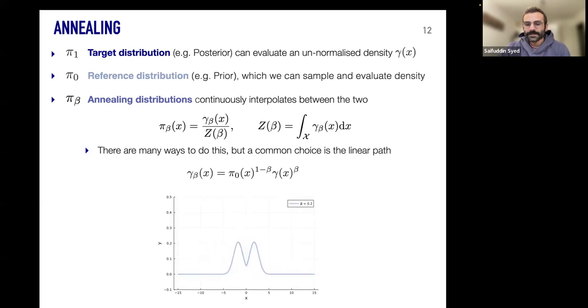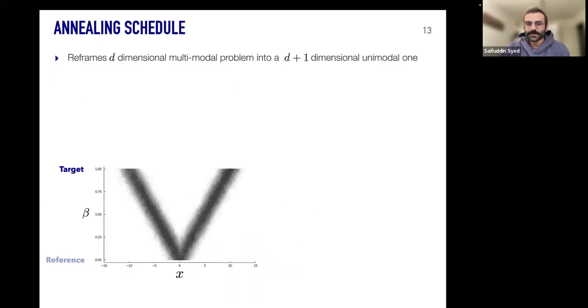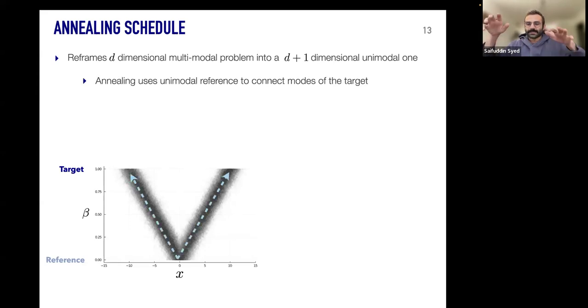So you can already see why this works. Effectively, annealing introduces an extra dimension to our problem. We can take our complicated d-dimensional space, and we're effectively turning our inference problem into a d plus one dimensional problem, where annealing acts as a way of building a bridge between the different modes through the reference.